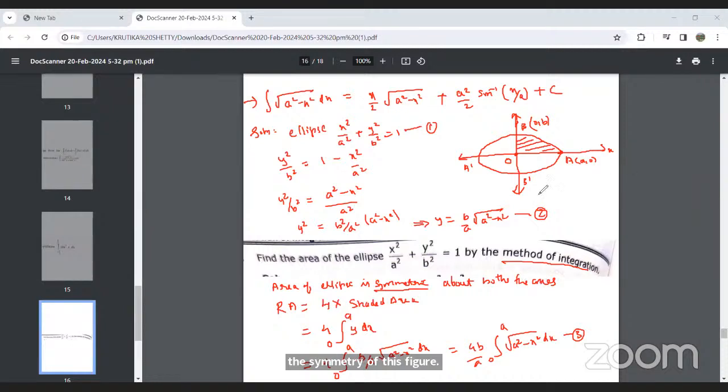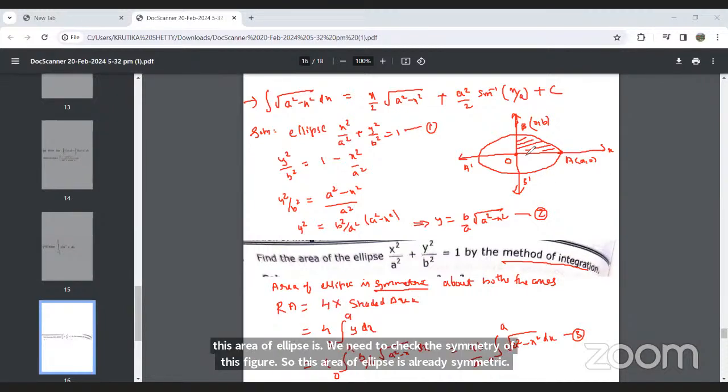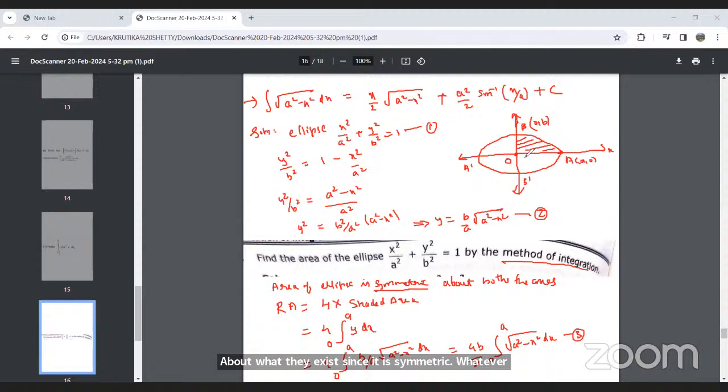Since it is symmetric, whatever area is present in the first quadrant, the same area will be present in the second, third, and fourth quadrant. For that reason, we are multiplying it by 4. We are calculating it in one quadrant and multiplying it by 4, so we only calculate the area of the first part and then multiply by 4 to get the area in all the 4 quadrants.